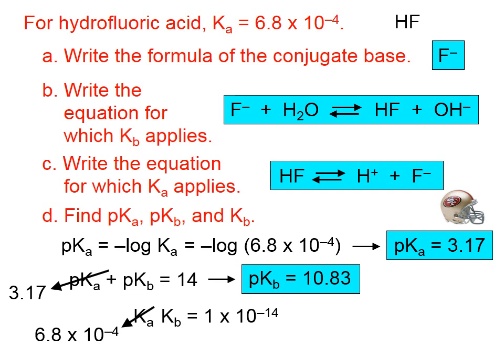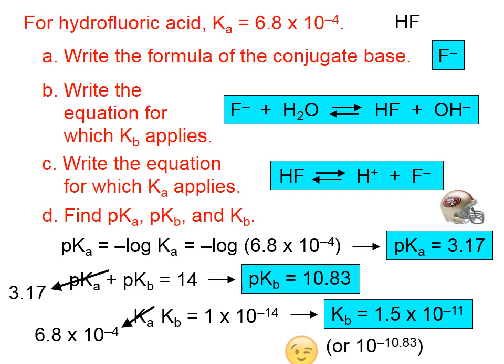Way up at the top we were given what the value of Ka is, so we can calculate Kb to be 1.5 times 10 to the negative 11th. Or, if you are good with logarithms and knowing what they mean, if you take 10 to the negative pKb, you will get the Kb.